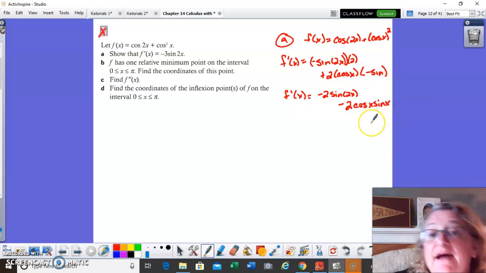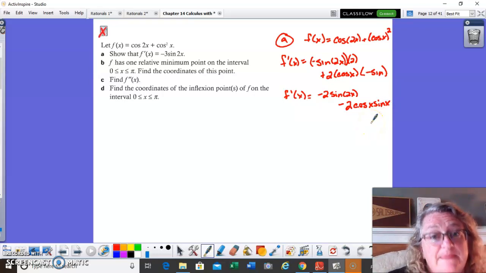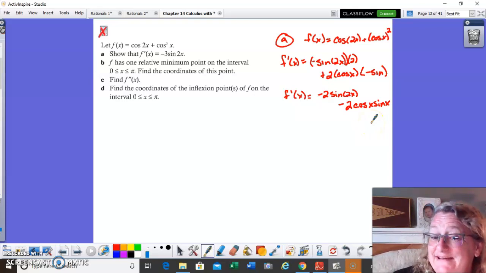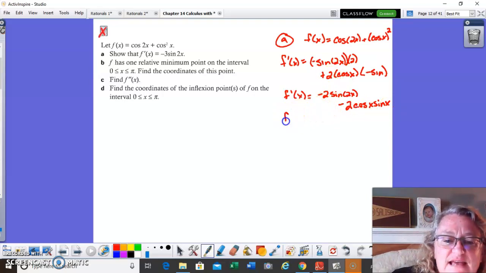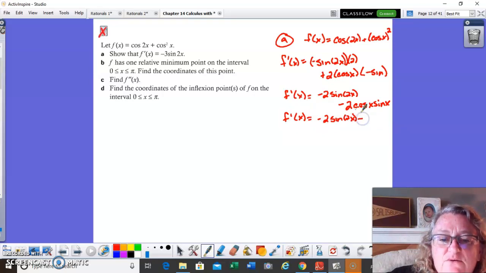So what you need to do right now is go to your formula packet, under trig identities, and find that trig identity, 2 cosine x sine x, because that can be changed to a double angle formula. So this actually becomes negative 2 sine of 2x minus 1 sine of 2x. So that's negative 2 of them, and negative 1 more is negative 3 sine of 2x.